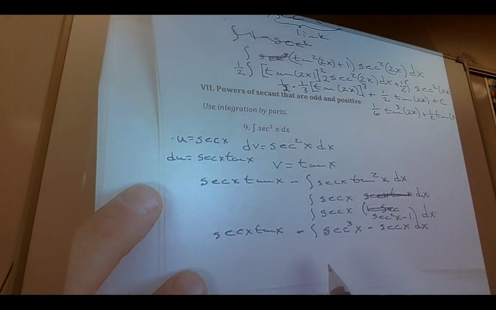We already did. So when you break that up into two integrals, well, that's what we're trying to find originally, the secant cubed. So once you plug it back in, this is something that's original.